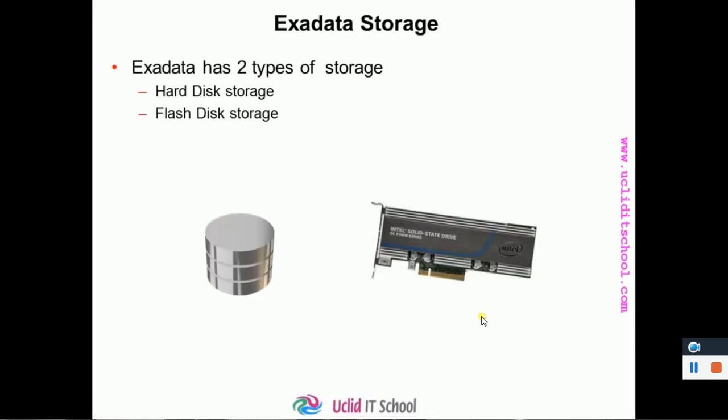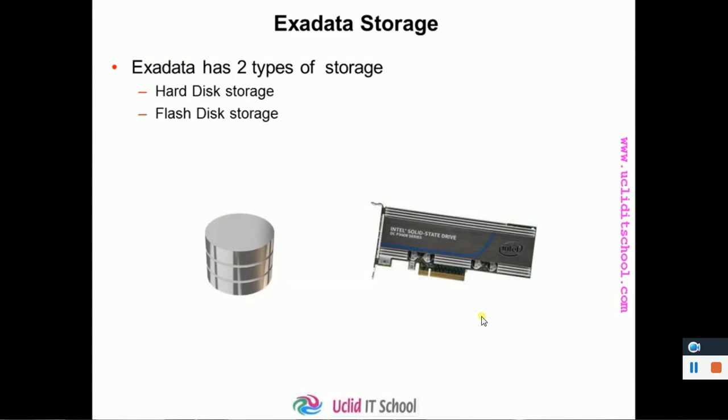Now you know Exadata uses two types of storage. One is the traditional hard disk based storage, then flash disk storage, which is your SSD. Starting from version 2, Exadata is using flash storage.